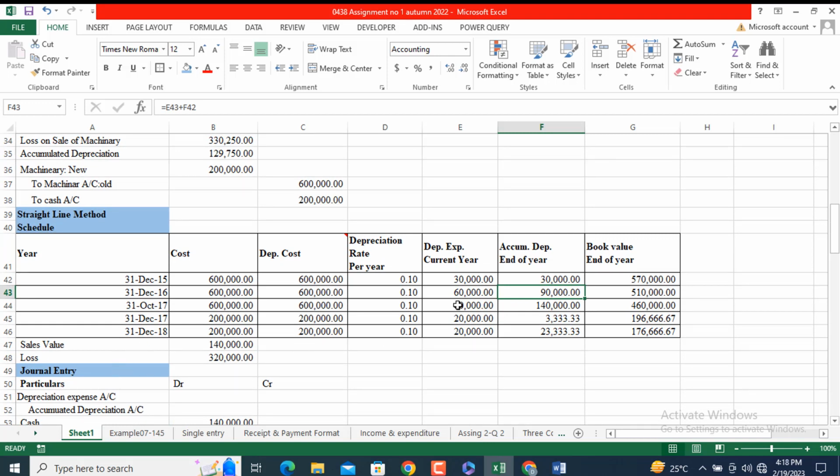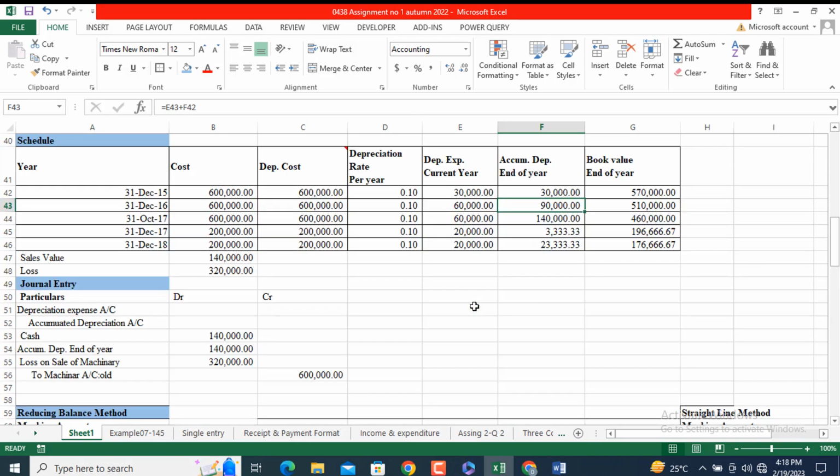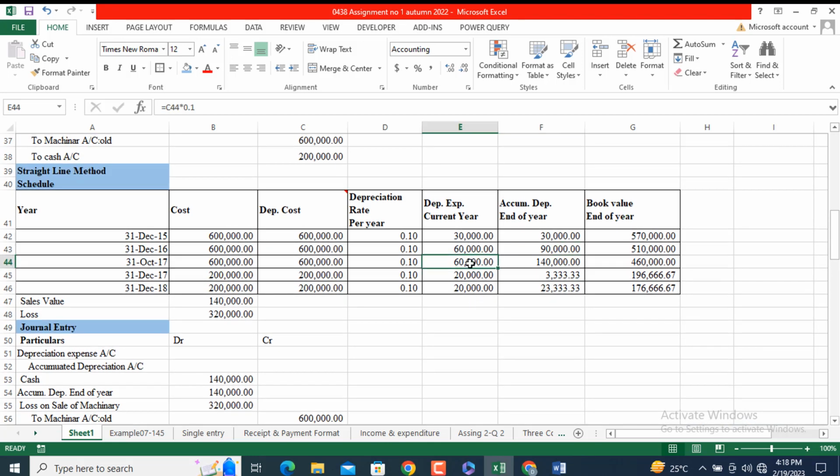we are going to sell that one, and we use this machine for the 10th month. So this is the portion that we have used. Let me check here. 60,000 into 0.10 divided by 12. I don't know which amount will come.